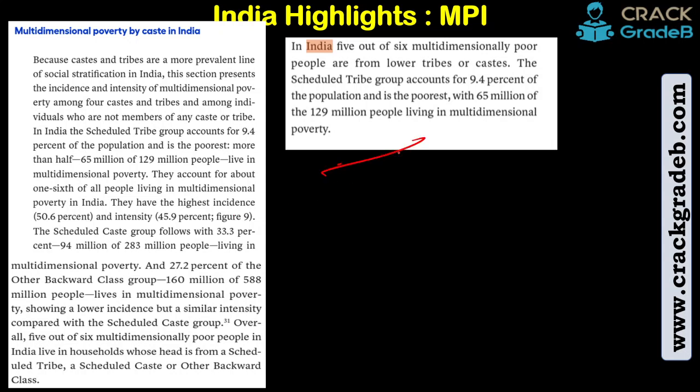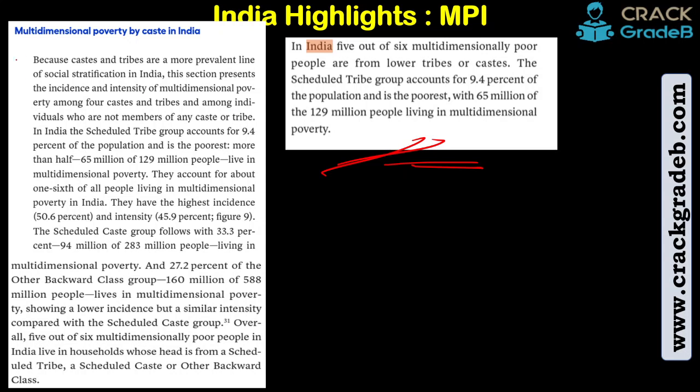So let us start with this. In India, 5 out of the 6 multidimensionally poor people are from lower tribe or caste. Okay. The scheduled tribe group accounts for 9.4% of the population and is the poorest, with 65 million of the 129 million people living in multidimensional poverty.